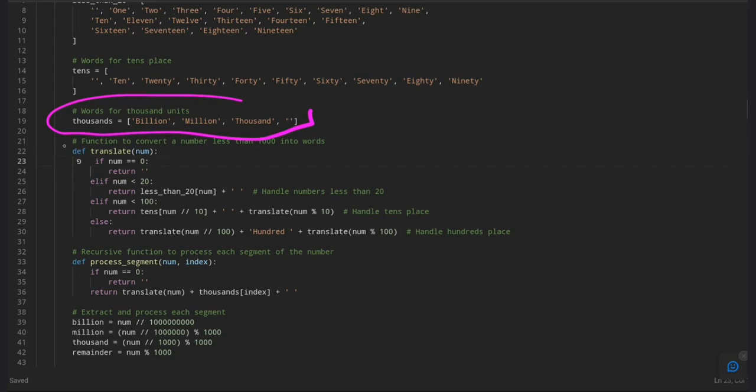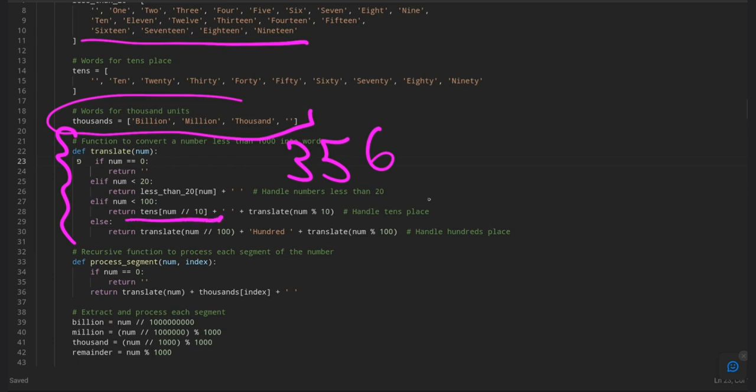Okay, so let's go over this process again. We have here a function to translate a 3-digit number. If it's less than 20, just take this string. If it's more than 20, then get this digit and translate it. If it's more than 100, then take this digit, translate it, and recursively call back.